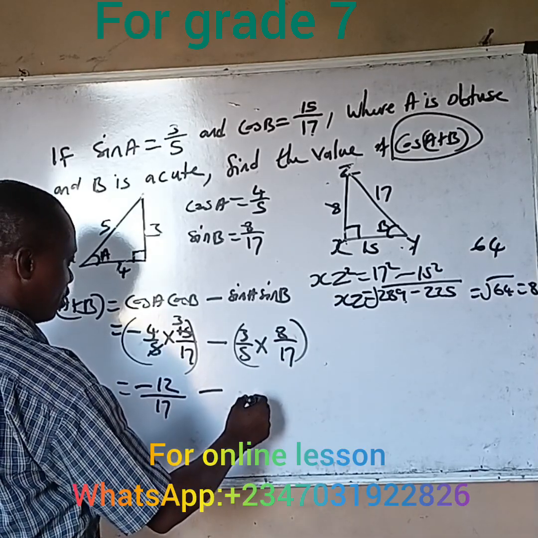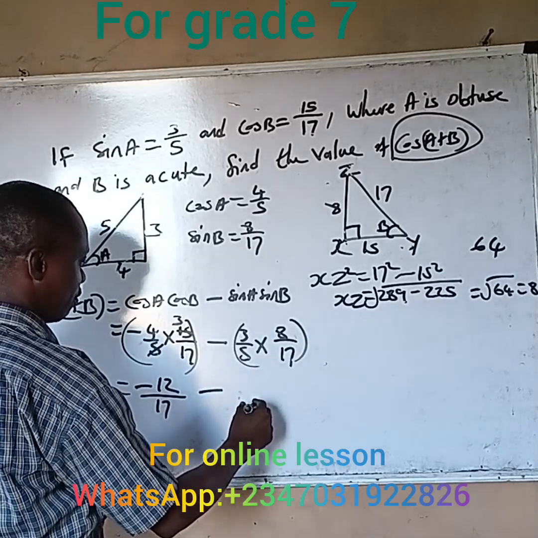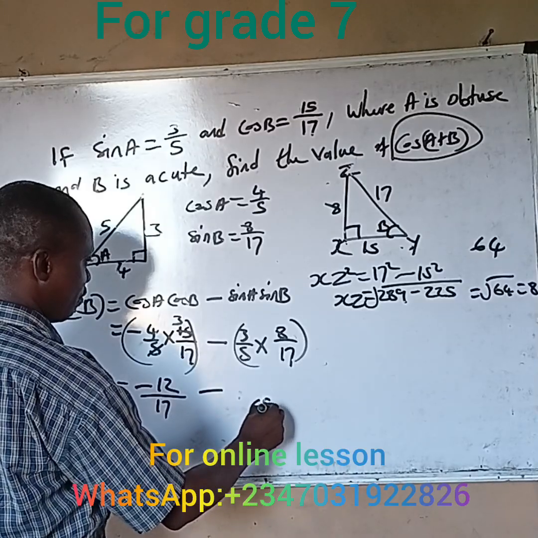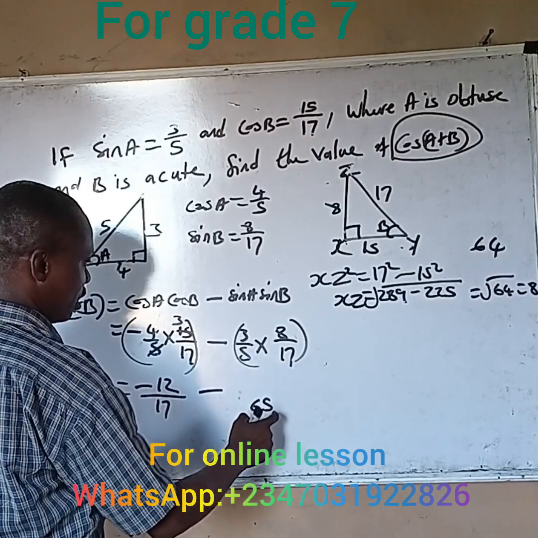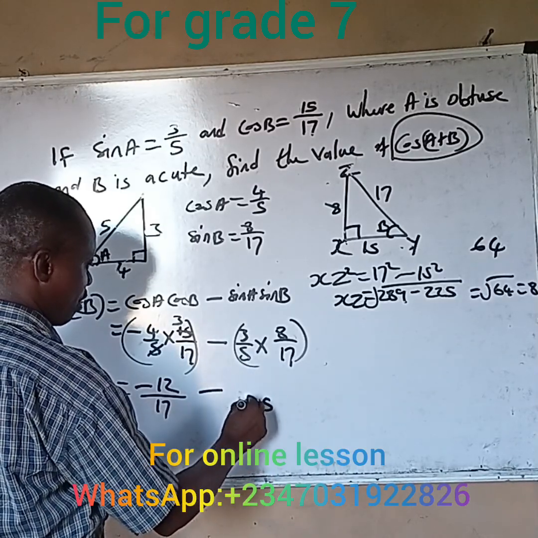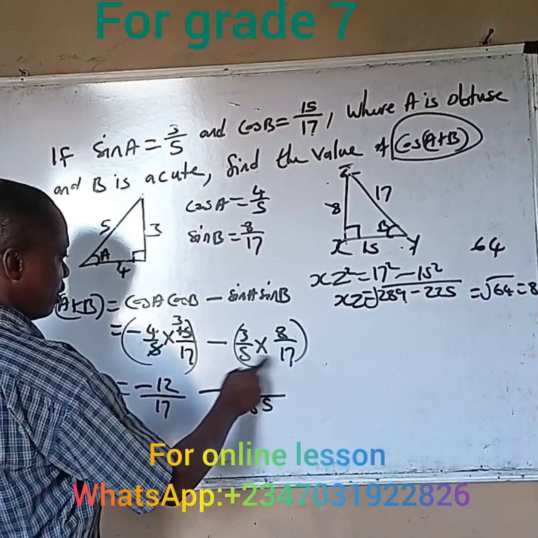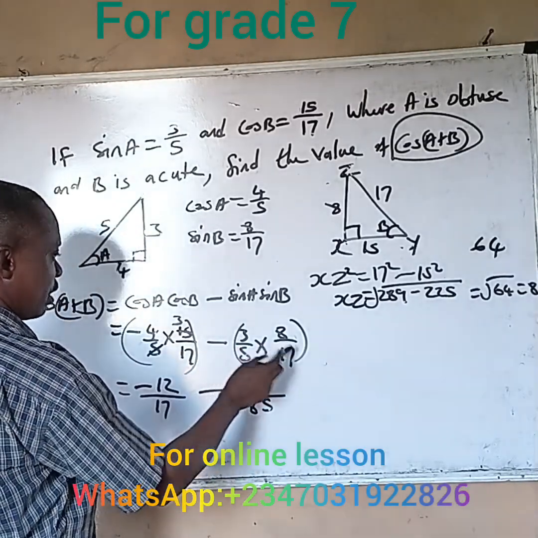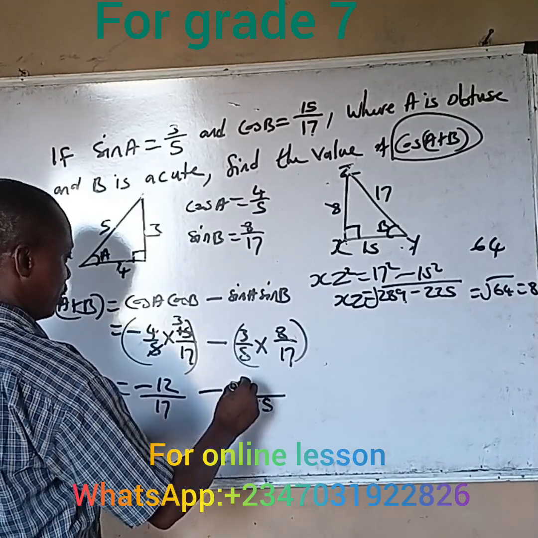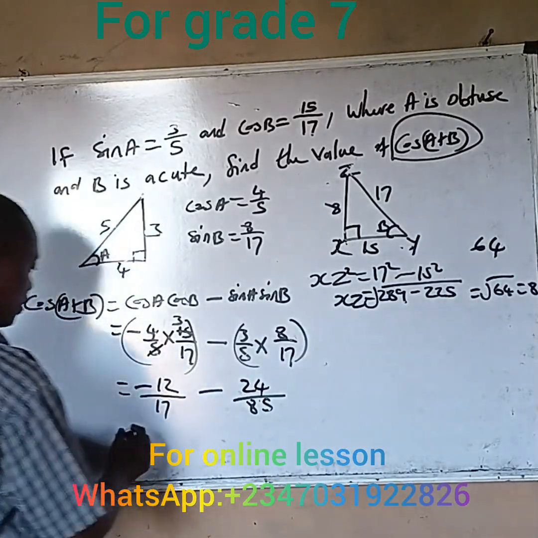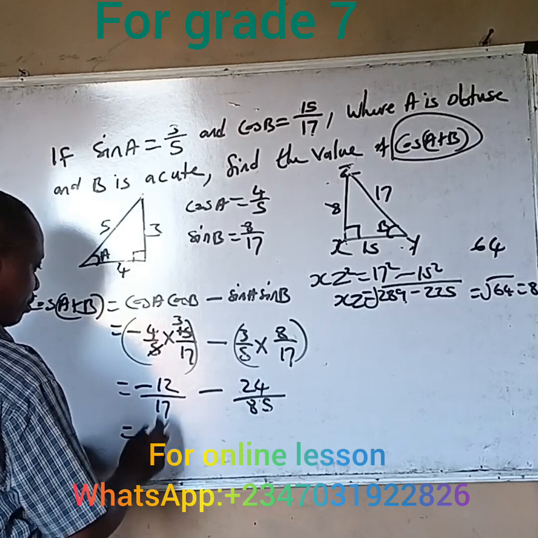So this is 5 times 17, which is 85. Then 5 times 1 is 5, and 3 times 8 is 24. All right, so find the LCM of 17 and 85.